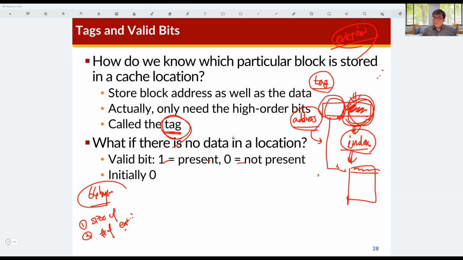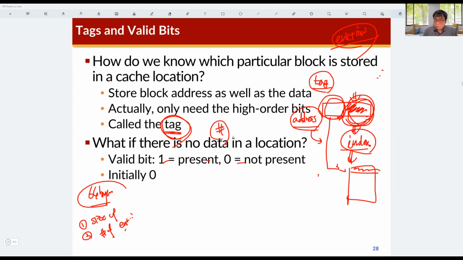So what is the definition of a tag? What is the meaning of a tag in our real life? We use a tag to identify some word or some data in our real life, and it's the same for the cache.